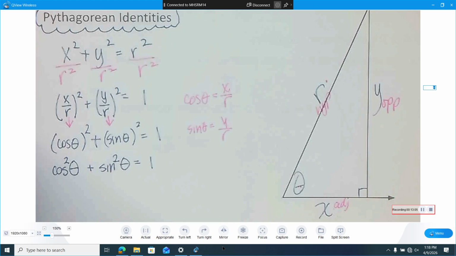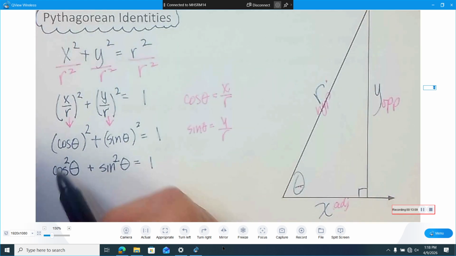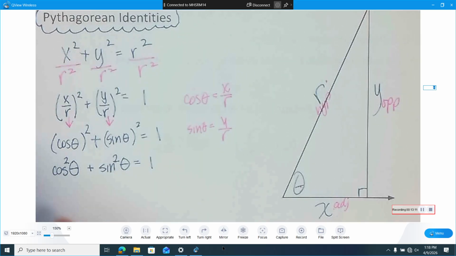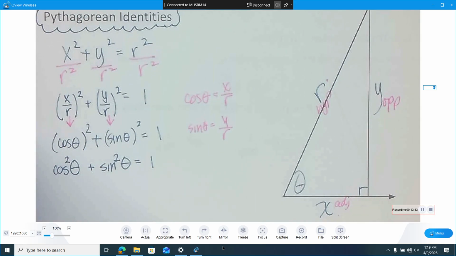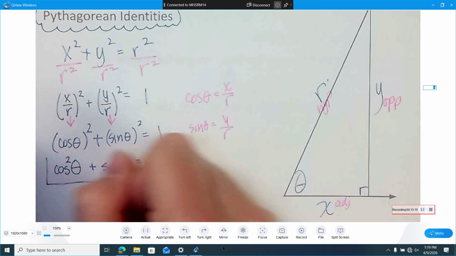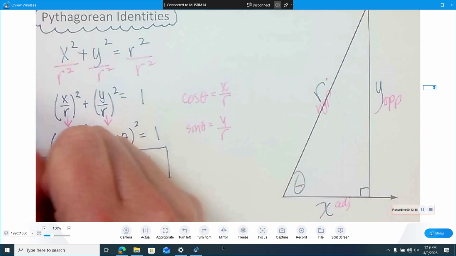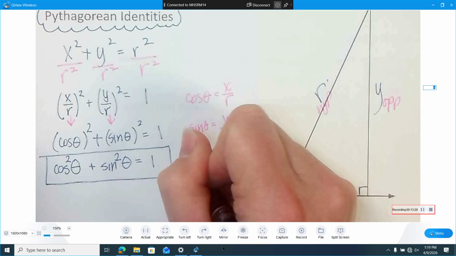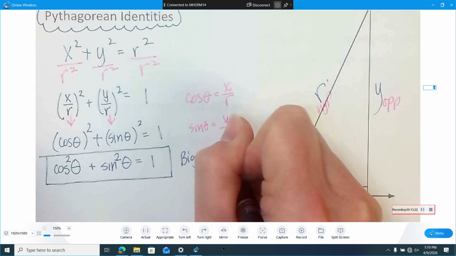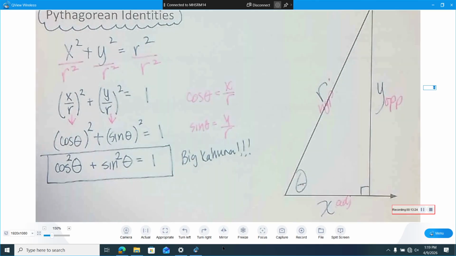Having to write all those parentheses is tiresome, so instead we put the 2 right above the sine and cosine function. So you've got to know what that means. This is the cosine or Pythagorean identity. This is the big kahuna, the one you really have to know. But that's pretty easy, right? Cosine squared plus sine squared is 1. It's really nice.